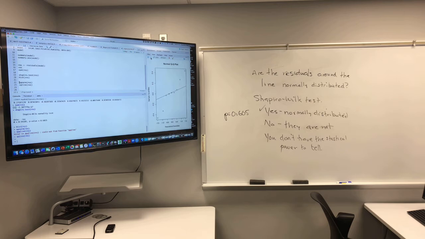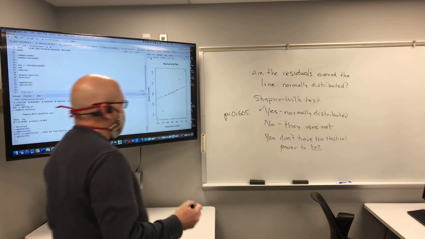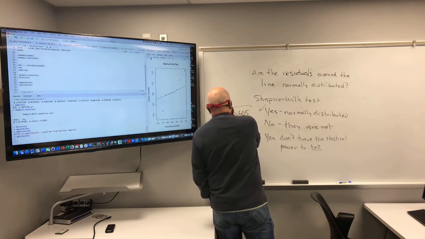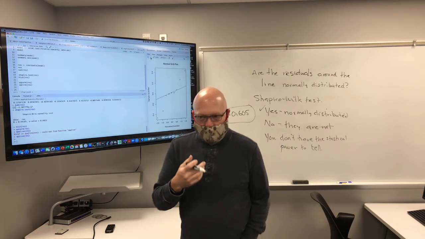What's up with that? Well, I get a non-significant Shapiro-Wilk test, not because the data are probably normally distributed around the line. I'm getting a non-significant Shapiro-Wilk test because I don't have a big enough data size to adequately test normality. So be careful with how you treat these things.